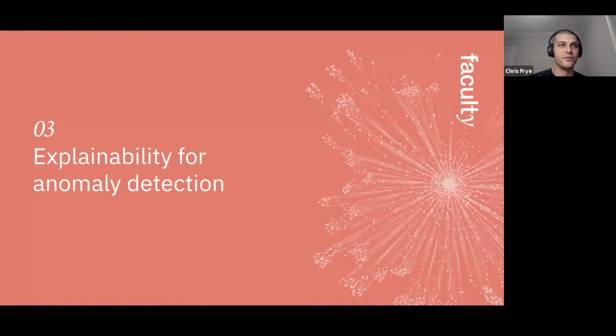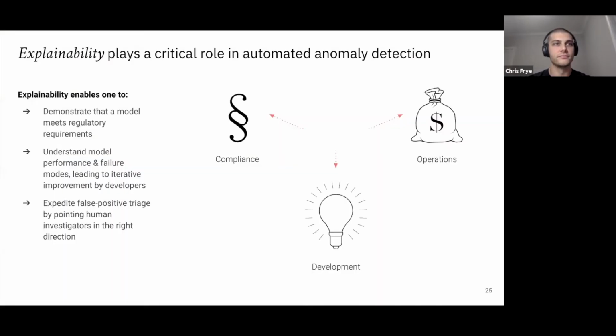Okay, so now let's move on to explainability for anomaly detection. Explainability plays an especially critical role in automated anomaly detection. And in fact, it's important for pretty much everyone that's involved with the model. For example, explainability can be important for meeting regulatory requirements.